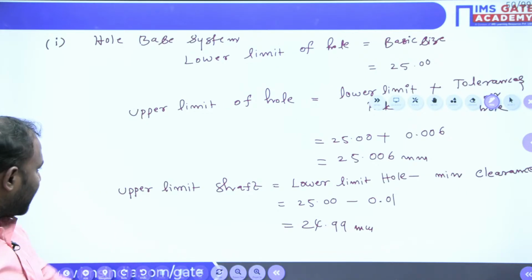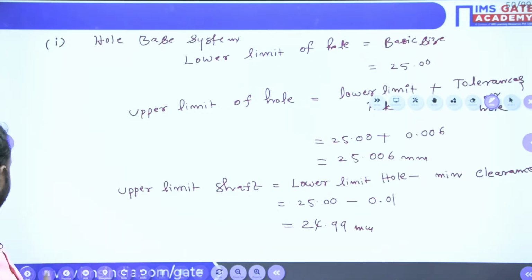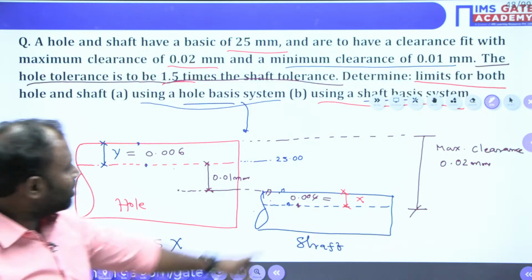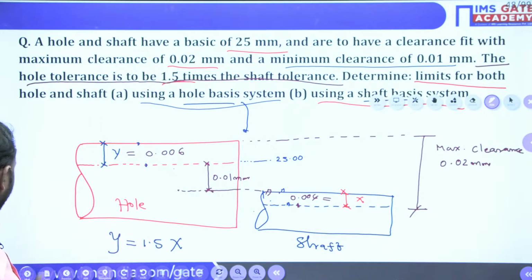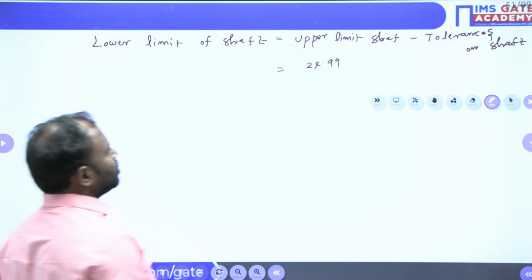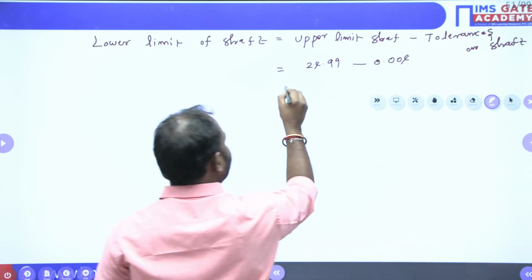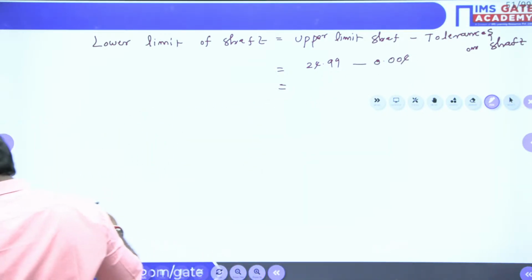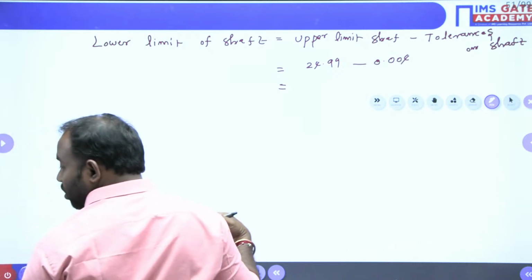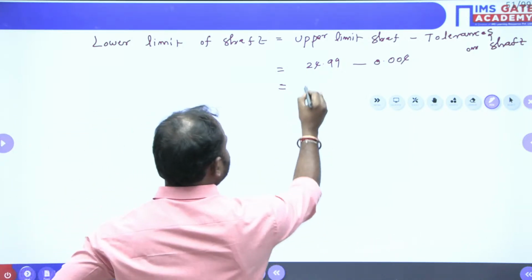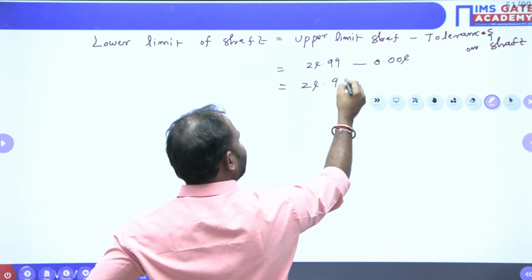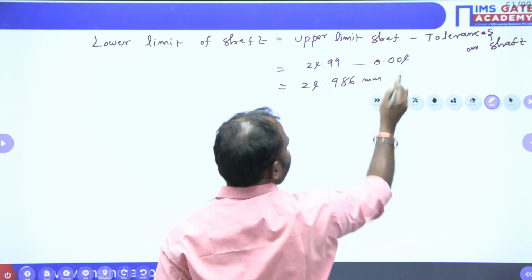And what is the tolerance on the shaft? Tolerance on the shaft is 0.004. So 24.99 minus 0.004, from there I am going to get my lower limit of the shaft is equal to 24.986 mm.